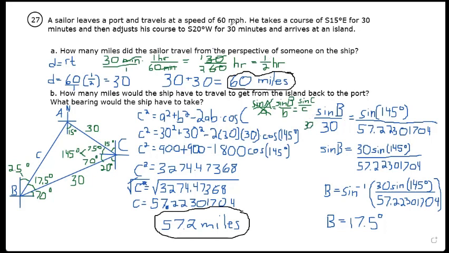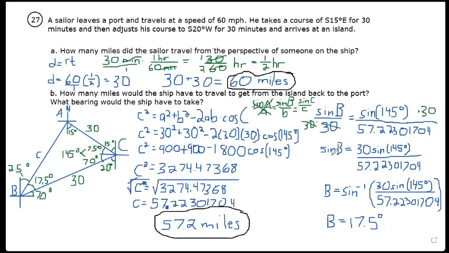These cancel out because we're multiplying 30 to the entire fraction. Then we're multiplying this by 30. And we get sine of B is equal to 30 sine of 145 degrees over 57.22301704.